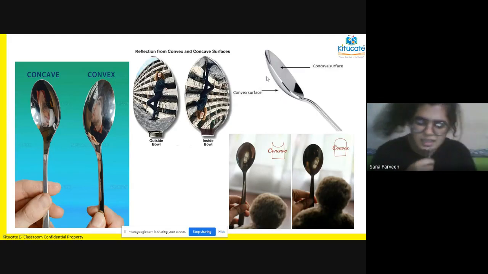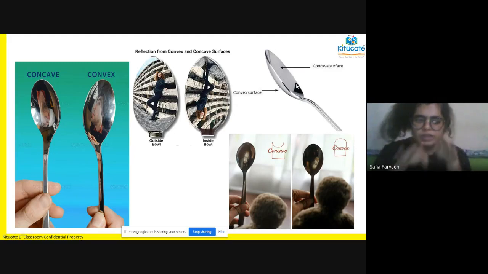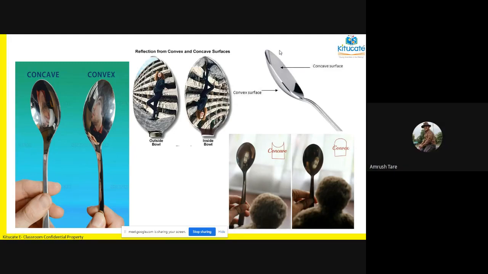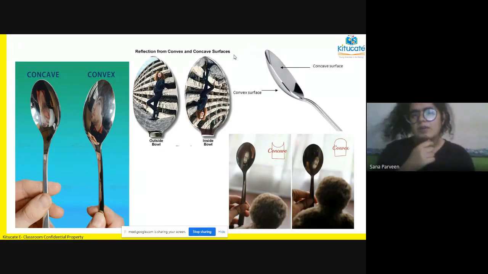Just take about 5 seconds and try to figure out by yourself which one is the concave surface and which one is the convex surface. Again I repeat, this one is moving inwards. Concave, like a cave, you are moving into something which is hollow. That is concave. And convex is the opposite side of it.